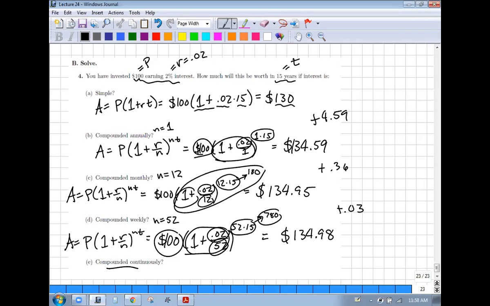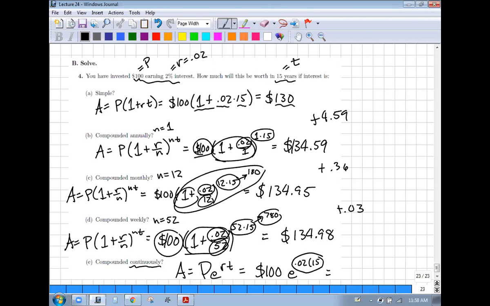Compounded continuously, and you see continuously, that's an altogether different formula. This is amount equals Pe to the rt. So we got 100 bucks. The interest rate is 0.02. The time is 15 years. Okay. So to do this one, there's an e to the x button on your calculator.